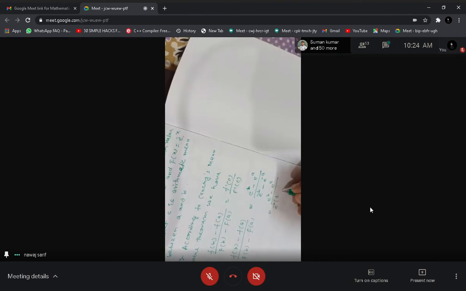So this will be equals to what will be the, if you common out from here, this one is e to the power b minus e to the power a divided upon common out e to the power minus b, then this is 1 minus e to the power what?